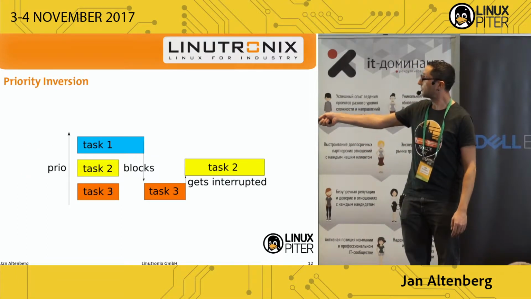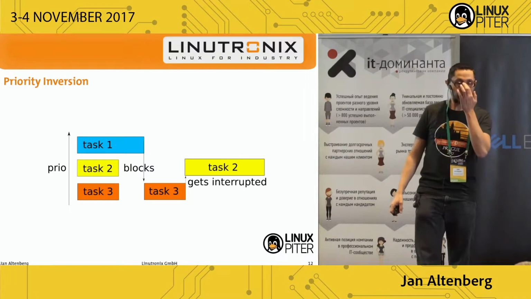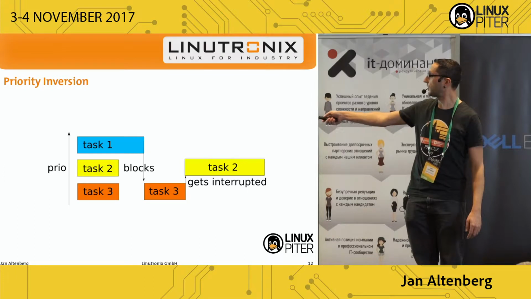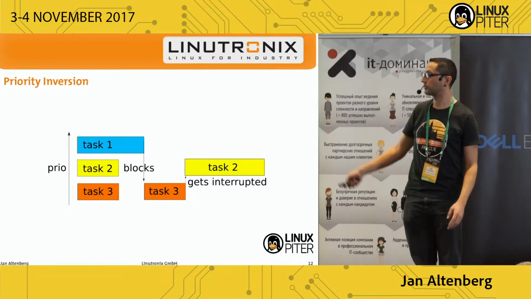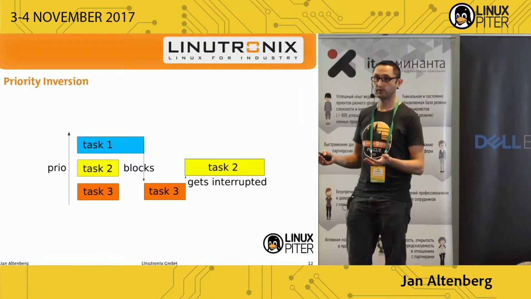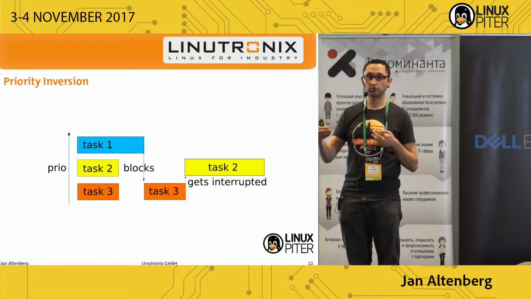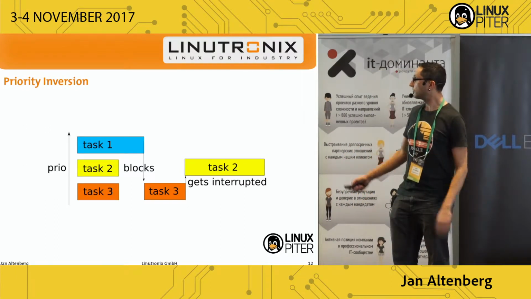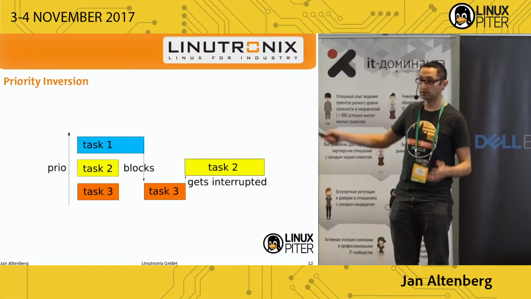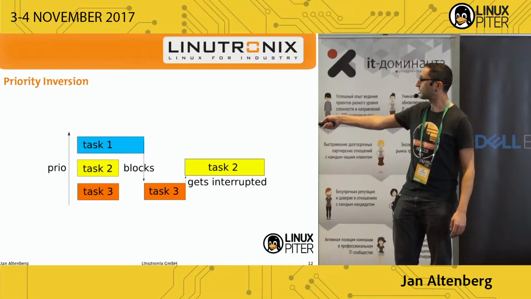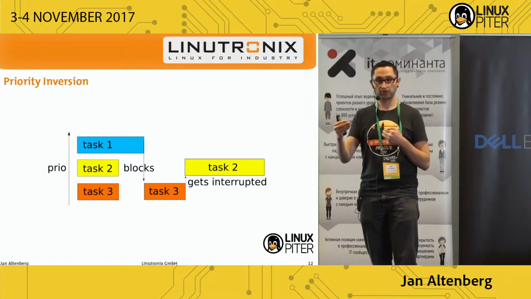I've got an example of this right here. It is actually pretty simple. We have 3 tasks. Task number 1 is the highest priority, task number 3 is the lowest priority. And these 2 tasks have to share a resource, so we need some kind of synchronization method, right? That's actually not a big deal. But now what could happen is task 1 is running, which is the highest priority task, and it gets blocked because task 3 is holding a resource they are sharing.